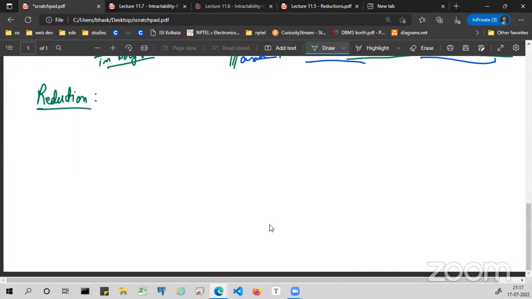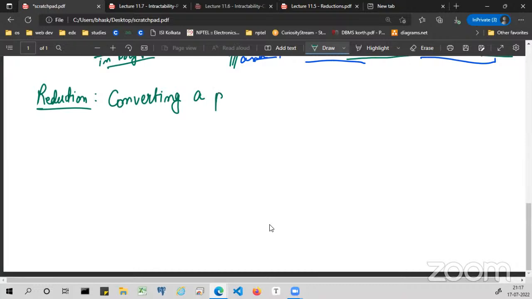Reduction means converting. It is more related to converting than comparing, but the essence is comparison, and you are doing it by converting. It would be clear once we discuss the example.